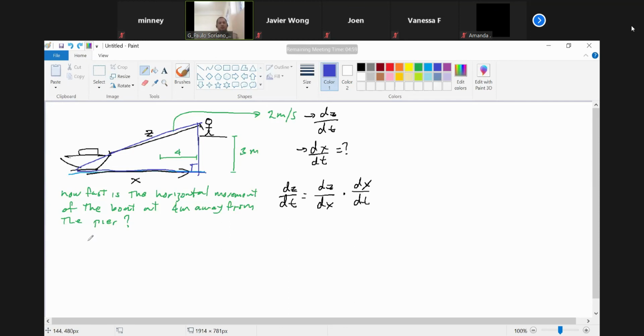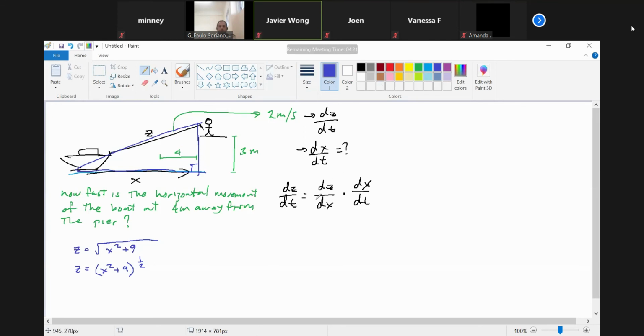So this is now going to be what? z equal to the square root of x squared plus 3 squared, so x squared plus 9. So let's remove the square root by placing the exponent. z is equal to (x squared plus 9) raised to 1/2.